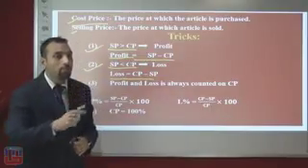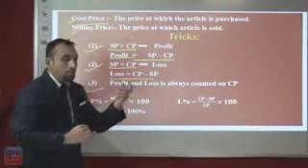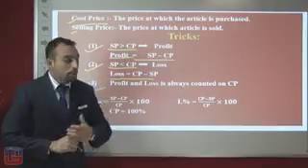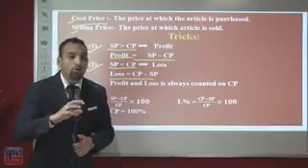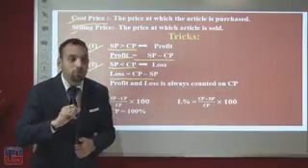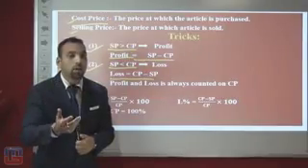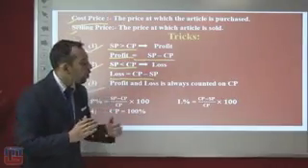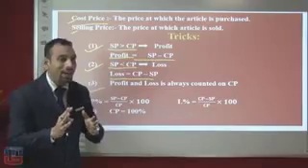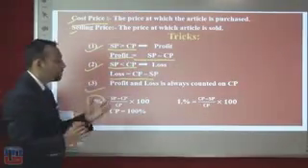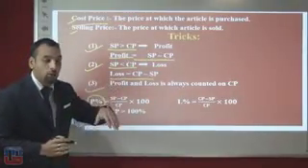Now, the third and important point is that profit and loss is always counted on CP, which means we have to count whether profit or loss always on CP. So the formula of profit percent and loss percent will come.